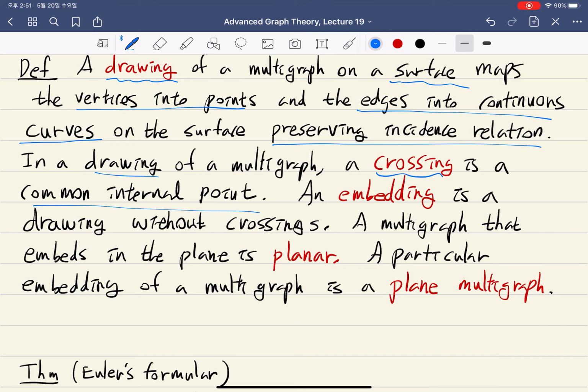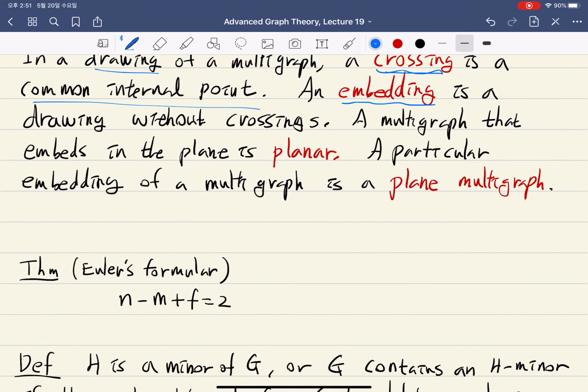For a given drawing, we define a crossing as a common internal point of two edges. And we say this drawing is actually an embedding if it doesn't contain any crossings. A multigraph that can embed into a plane is a planar graph, and a specific embedding we call a plane graph.